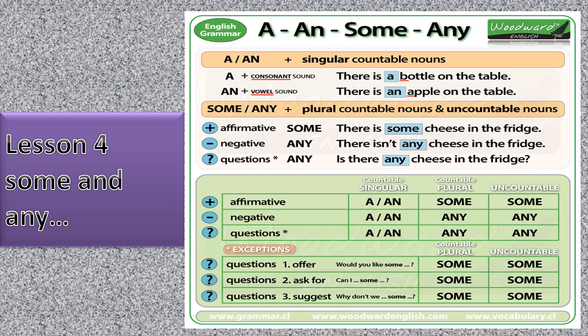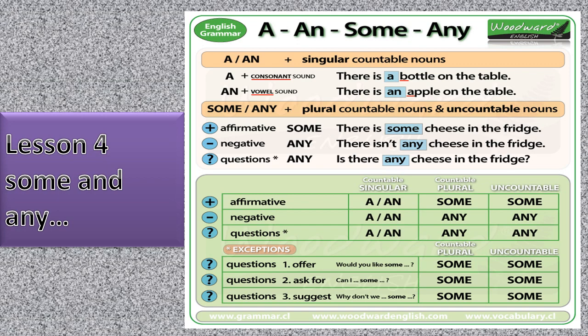Lesson 4. A, an, some, any. First, let's start with a and an. We use a or an with singular countable nouns. We use a with consonant sounds, like there is a bottle on the table.